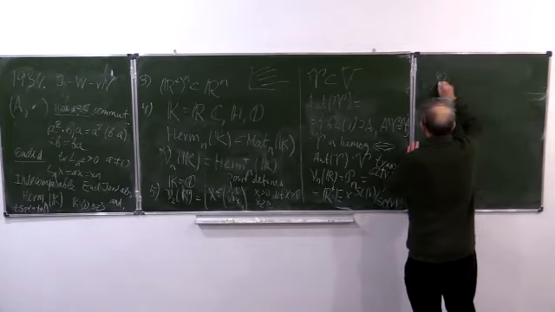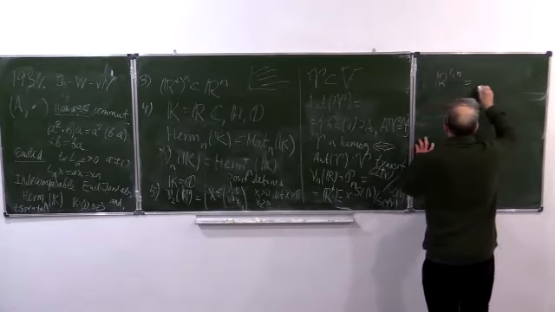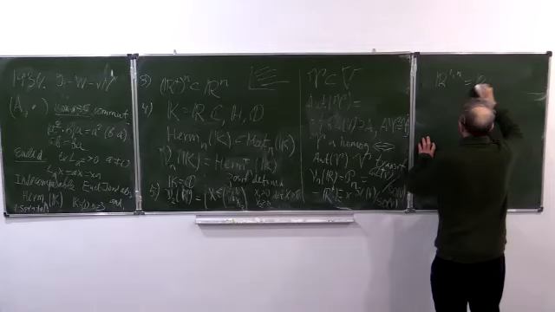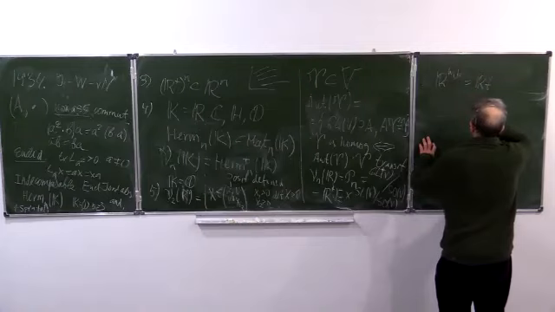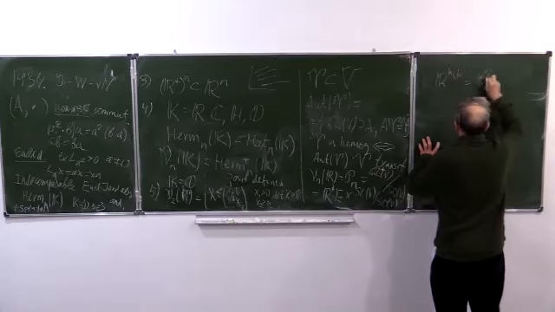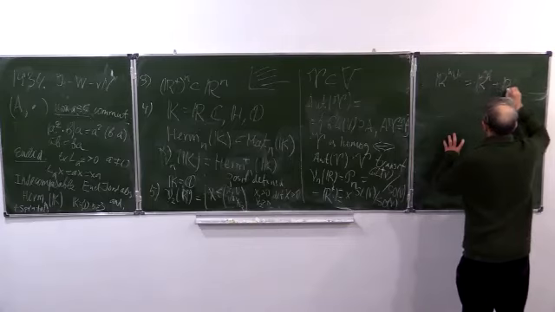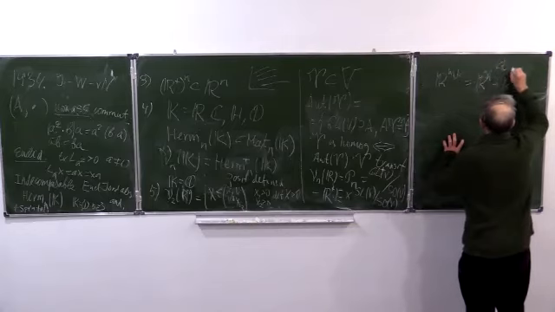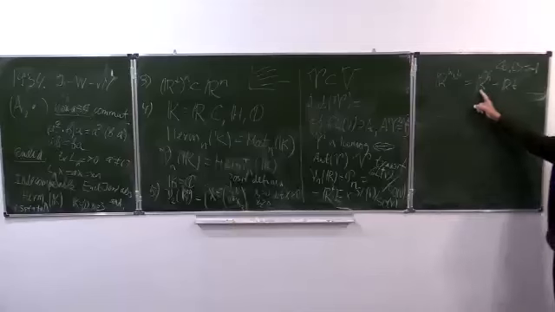We consider R^{1,n} as R^n, this Euclidean part, plus RT, where T scalar product with T equals -1. So the time scalar square is negative; this is time and this is space.